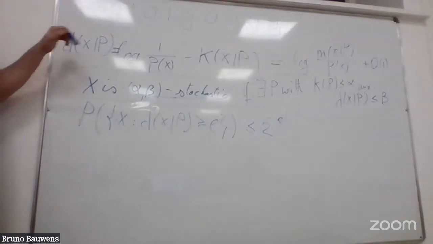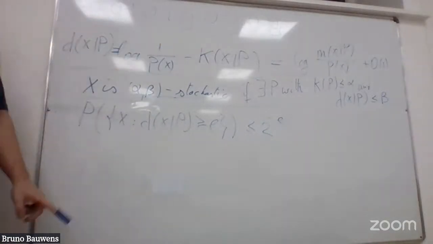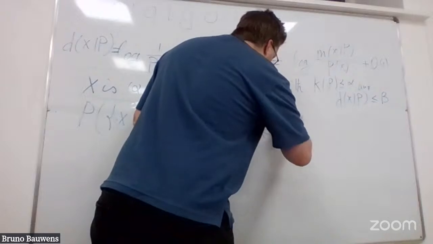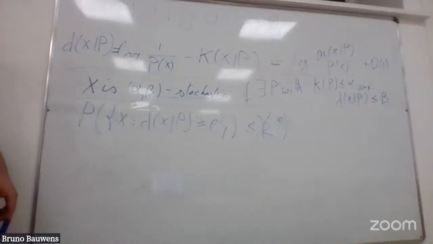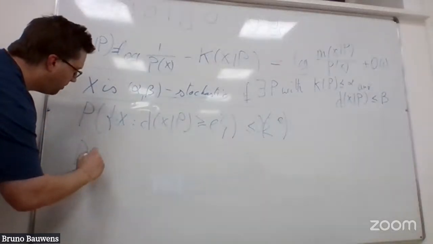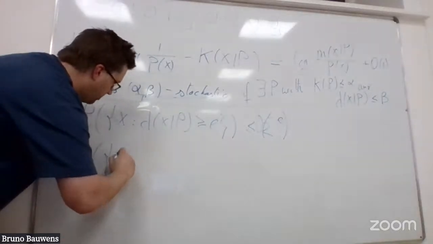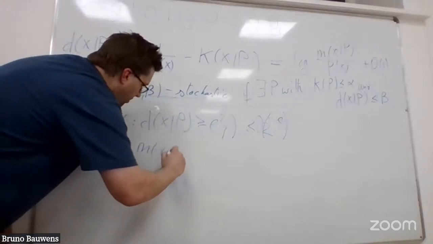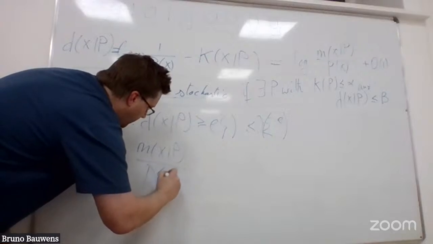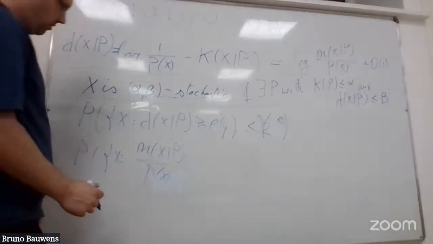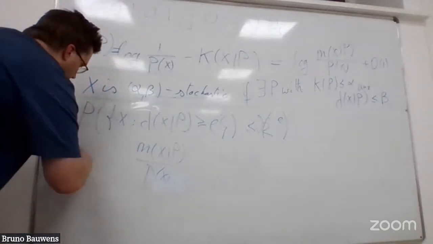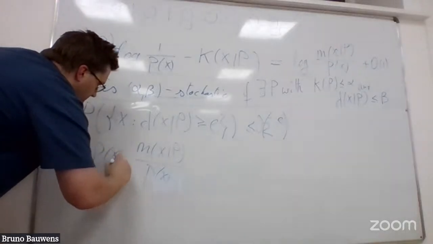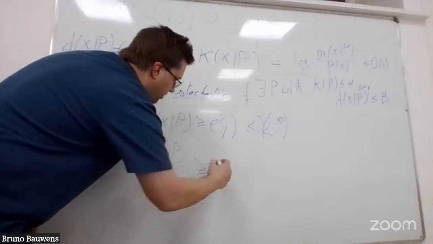For this, it's better to use the second definition. We have to check the probability that we sample some x for which m of x given P divided by P of x is large. Let me write it as a sum. We have to look at the sum of P of x for which this is bigger than 2 to the power e.